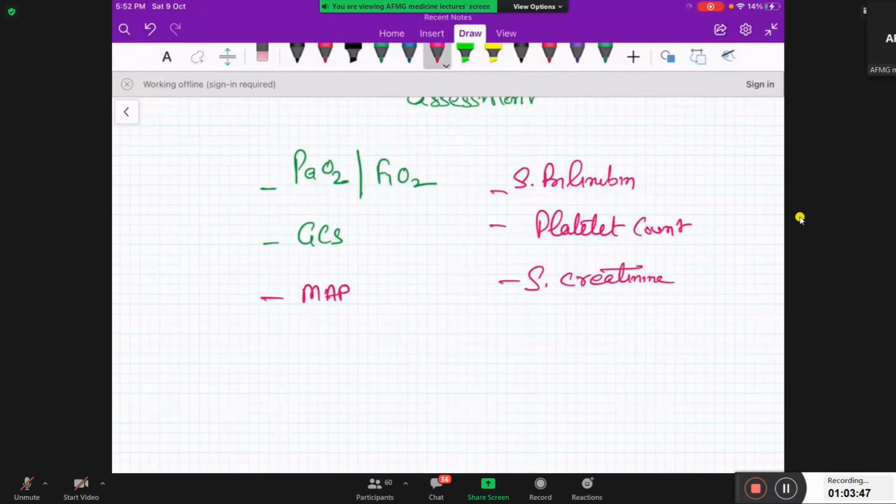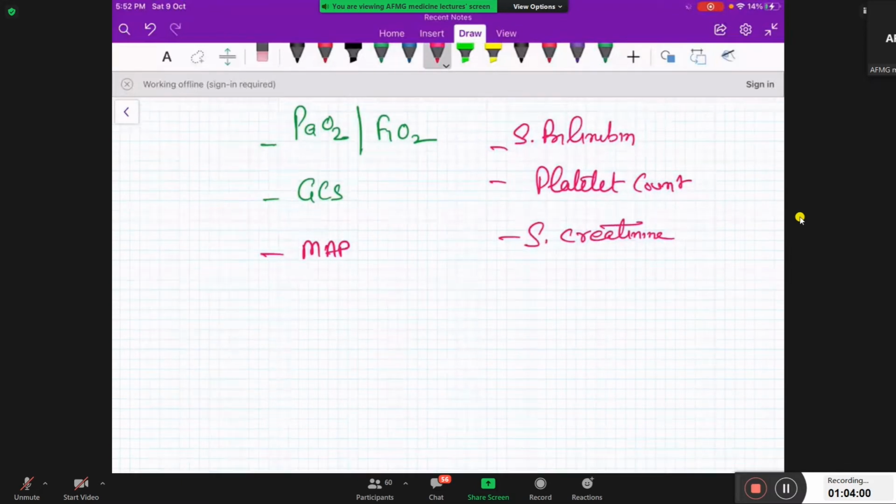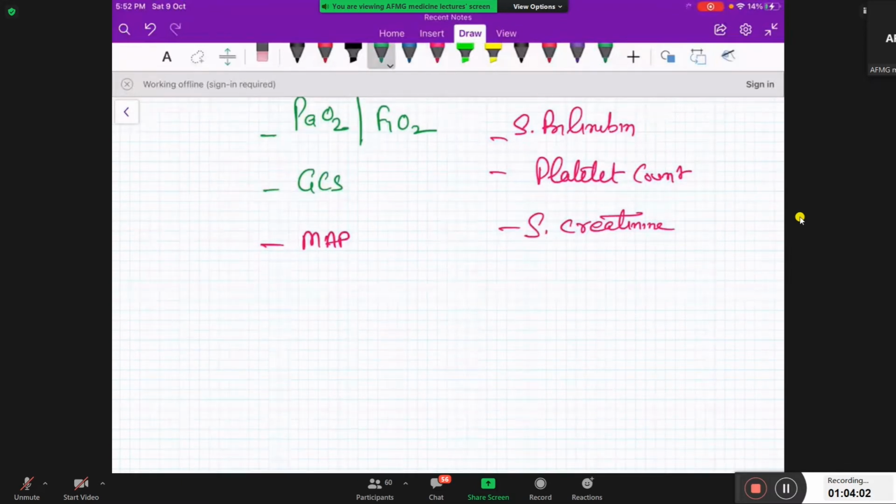These are there in a score called SOFA score, which tells us the severity of septic shock. Then we also have another score called quick SOFA, Q SOFA. We are now in an era of shortcuts, we can't wait.